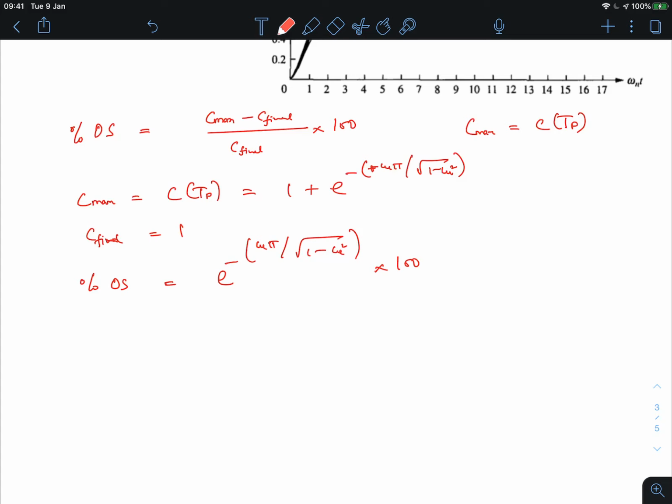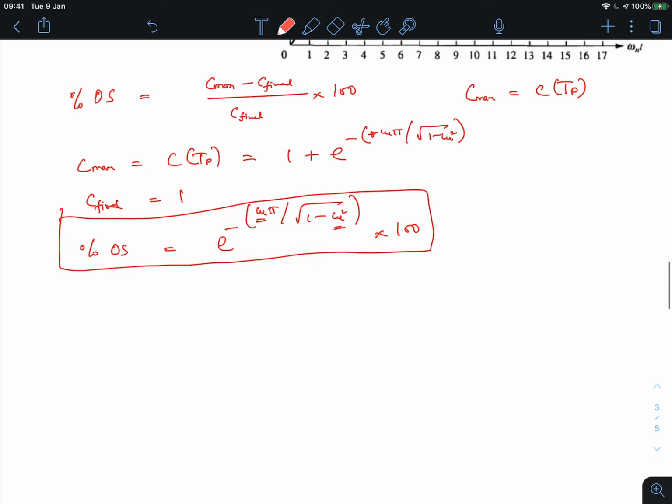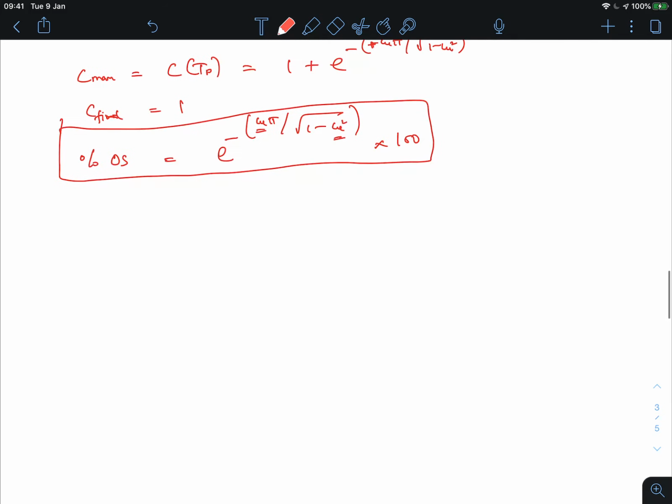Okay, so notice one point here, that unlike the peak time, the maximum overshoot is only a function of xi, not omega n. Right? So we'll see the effects of xi and omega n on the performance specification parameters of the second order system.